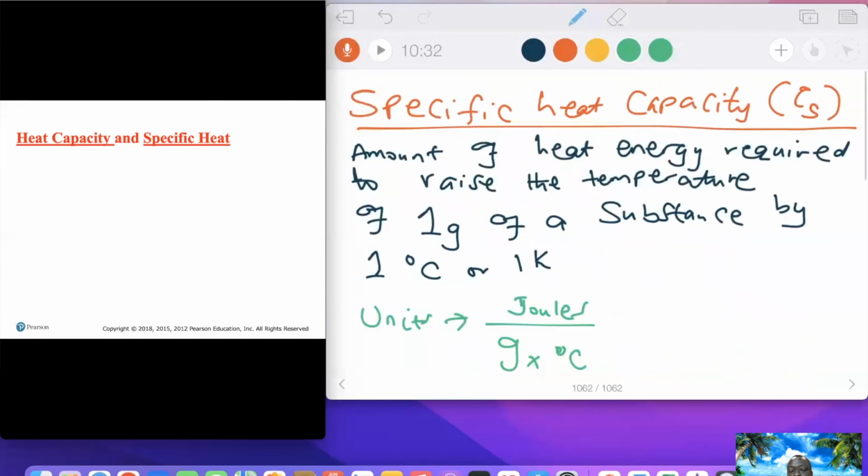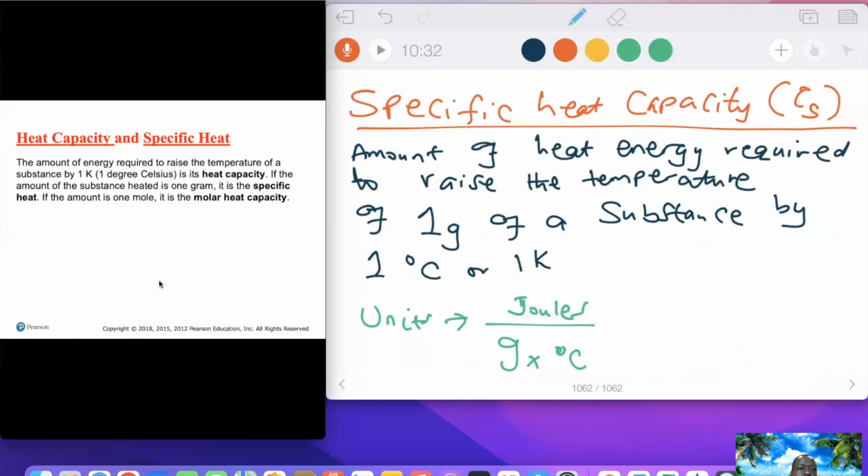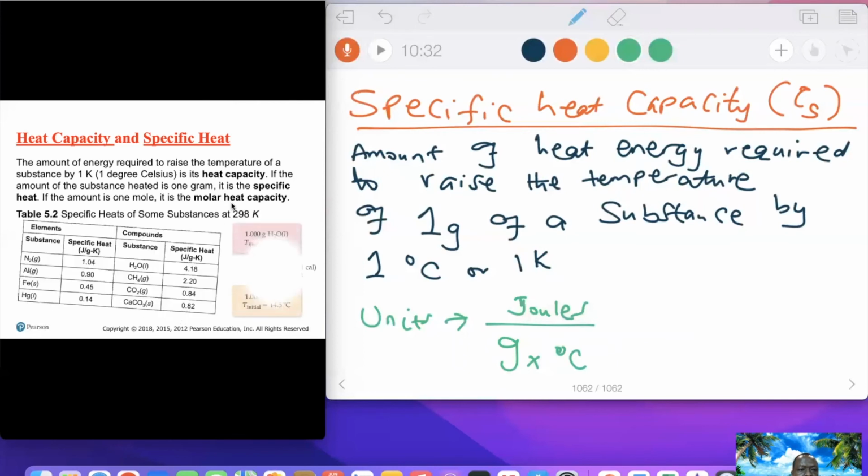But in specific, we specify the amount, and look at the units so that we will be able to determine the heat given. Other than that, we have what we call molar, where we are working with 1 mole of a substance. We call it molar heat capacity, the amount of heat required to change 1 mole of substance.